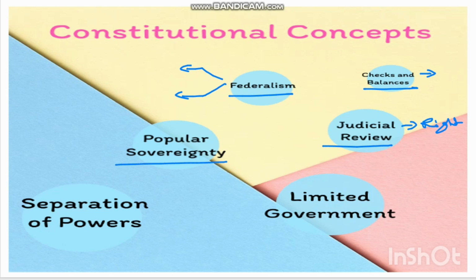Popular sovereignty. It means a country or a government will make rules or schemes according to the interests of the citizens in the country. It means if citizens do not like any law or rule, then it will be void.